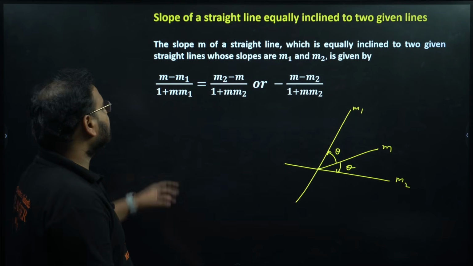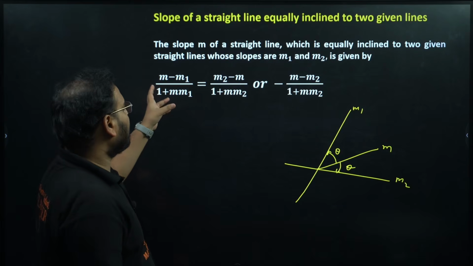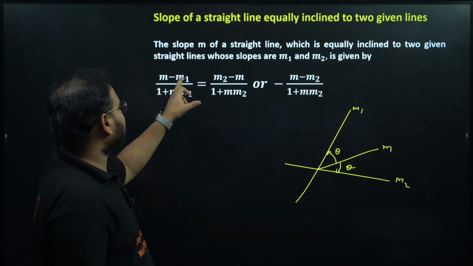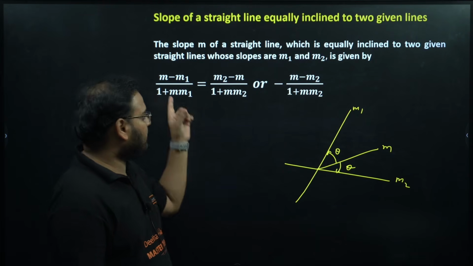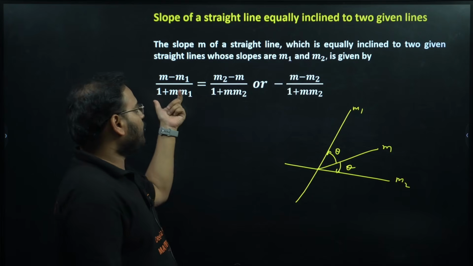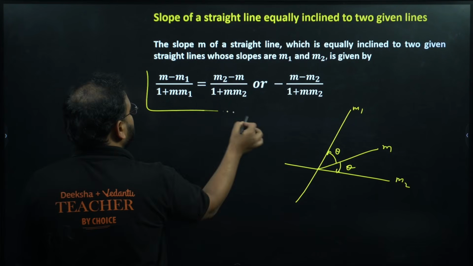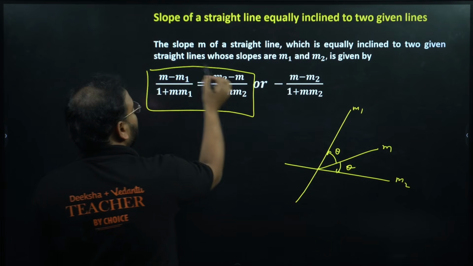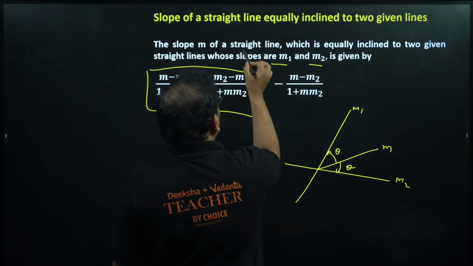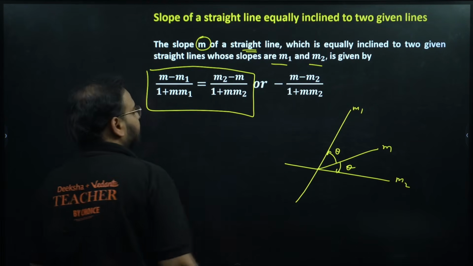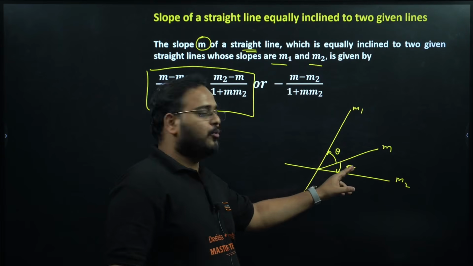Then this is the result that we have. Slope is given by m minus m1 upon 1 plus m m1, where m represents the slope of the required line. Same, if you want to write in terms of m2, this is what we have. The relation is this. Please check. The two lines have slopes m1, m2, and the straight line that we're looking to find has slope m, which is equally inclined to both the lines.